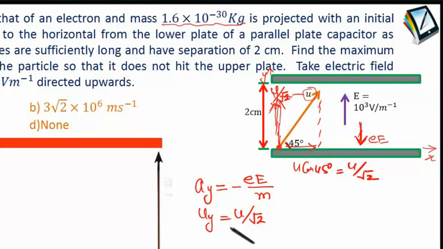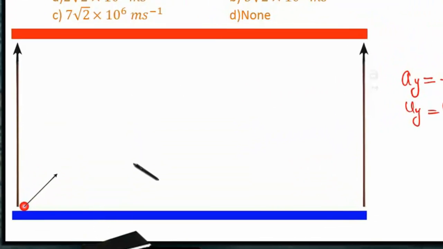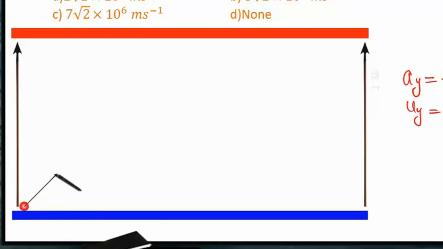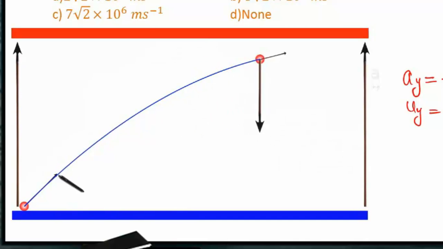So the vertical component of velocity will keep decreasing and finally it will reach a certain point that will be its maximum height. Here you can see in this animation that this particle is projected with initial speed u at an angle of 45 degrees to the horizontal, and since the electric force is continuously acting vertically downward, the particle will follow a path same as that of a projectile.